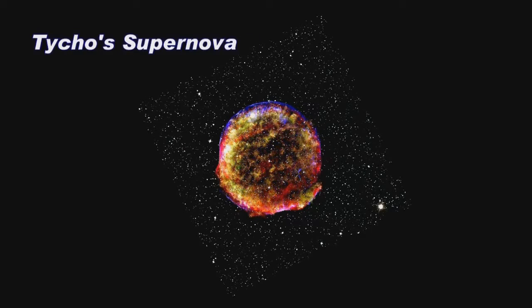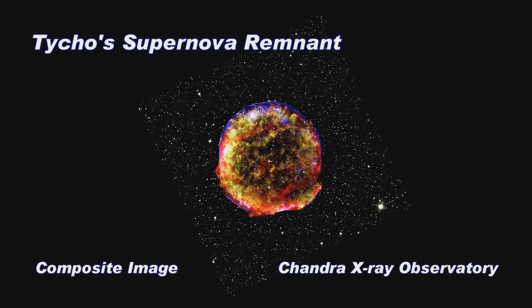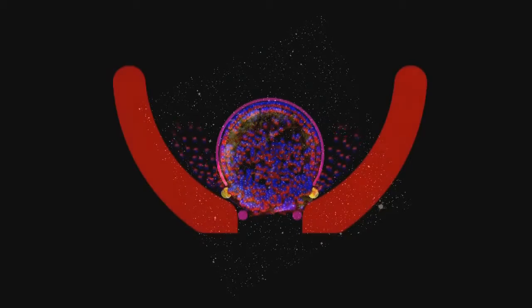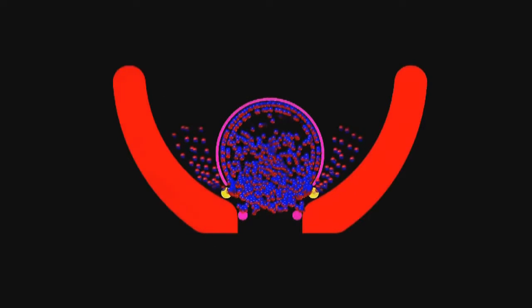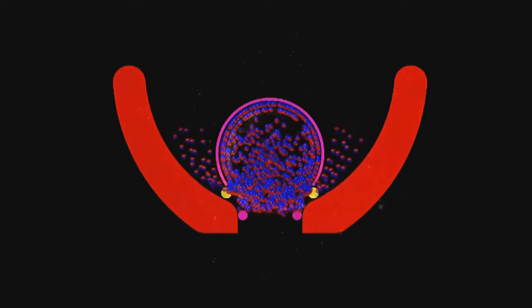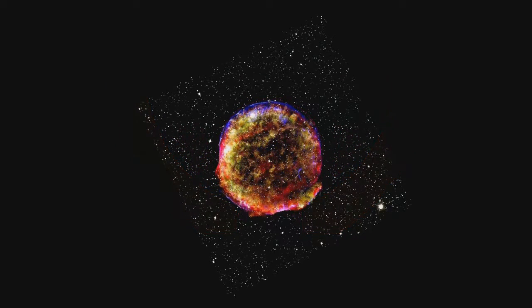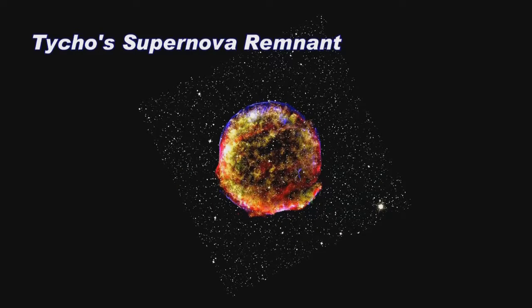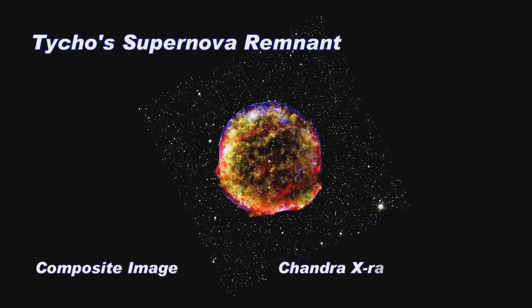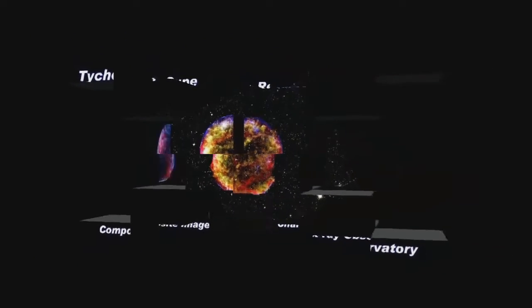Notice the lip at the bottom of Tycho's supernova remnant. This is where the flip ring is located. Then we have supernova remnant SN 1006.